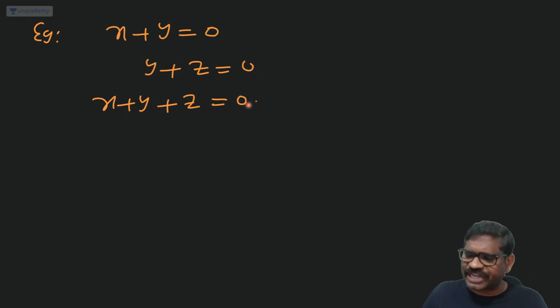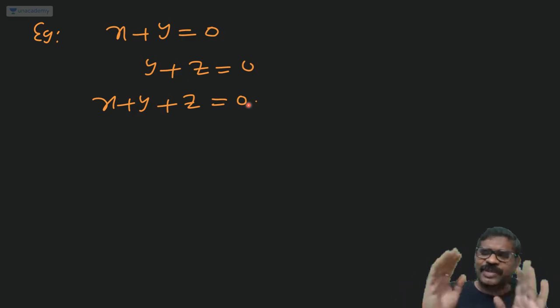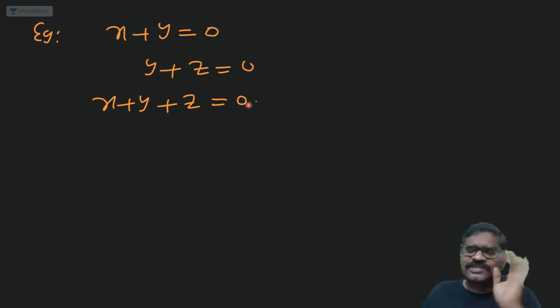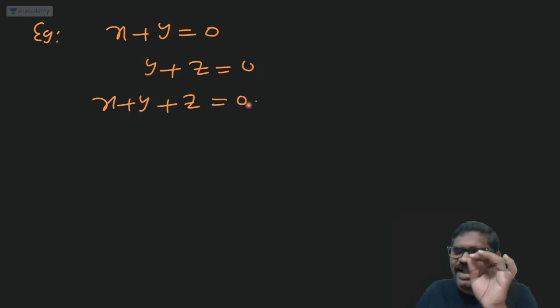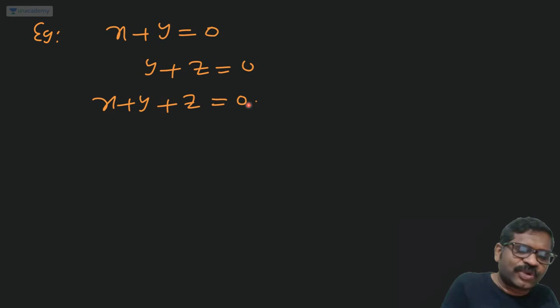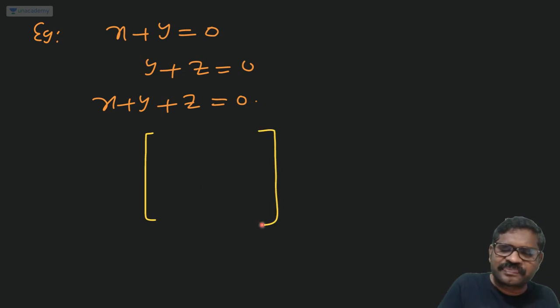First, you have to check whether your system is homogeneous or non-homogeneous. Homogeneous, very simple. Homogeneous means you just have to find the rank of A. Okay, observe. First, you write the given system of equations in matrix form.